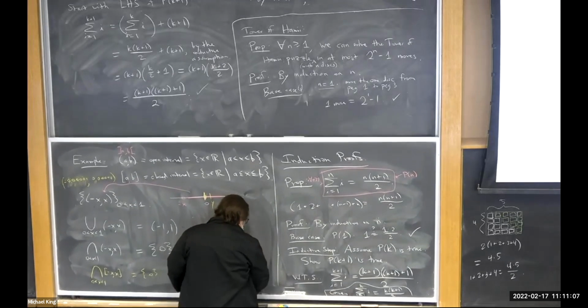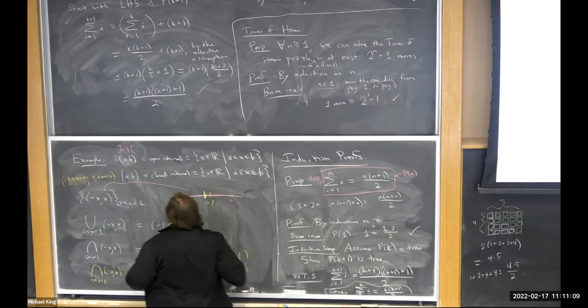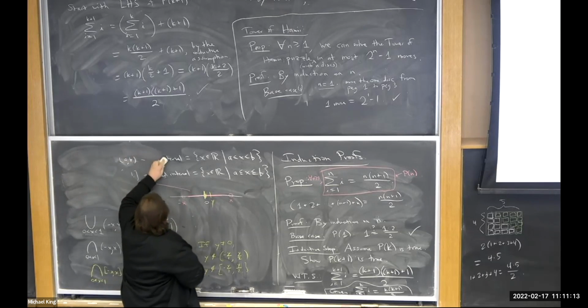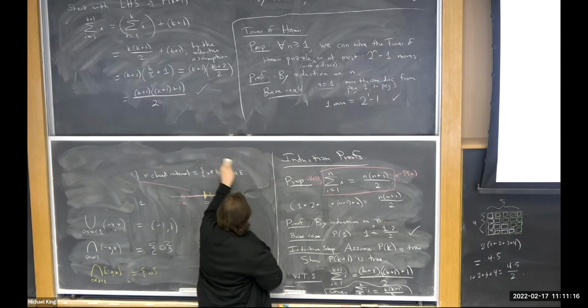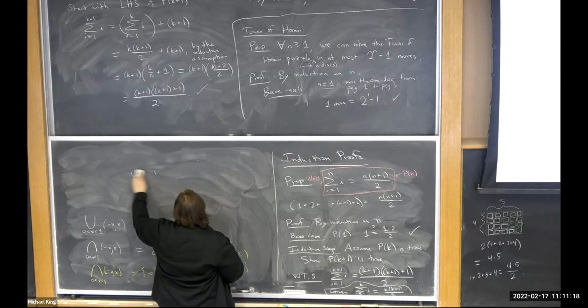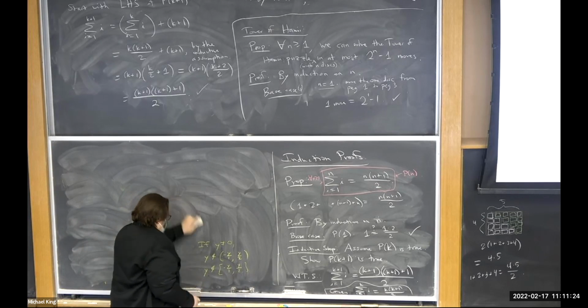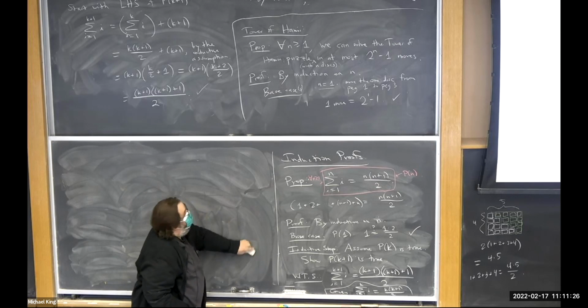So we're going to assume we can do it for k disks in 2 to the k minus 1 moves, and then use that to prove the k plus 1 disk case. I didn't write the P of n thing again.